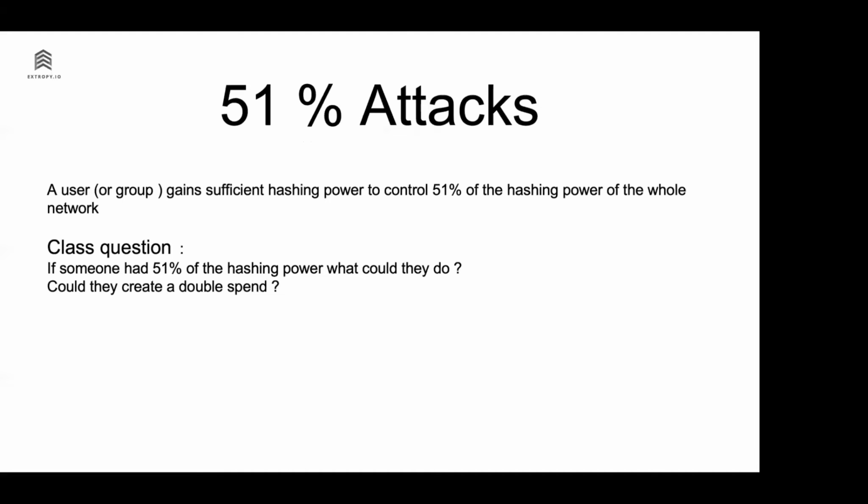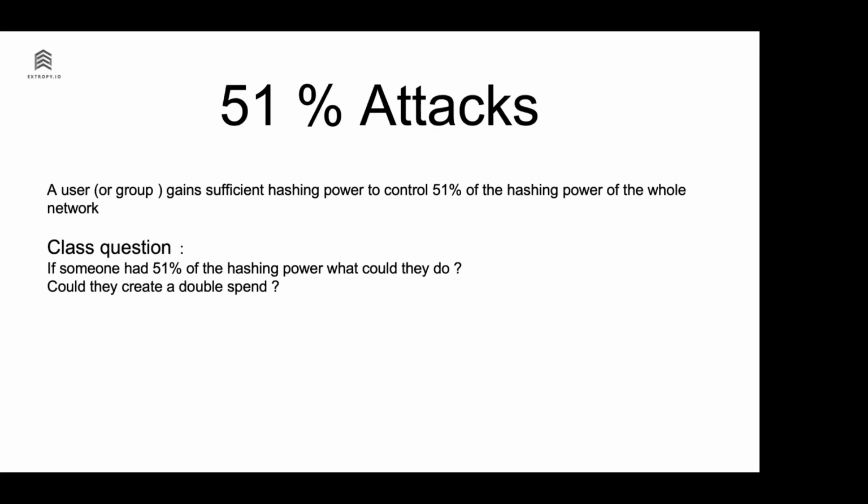Okay. Now, if we talk about security, we can look at the types of attacks that can be made upon networks. And the one that you may have heard of that applies to networks such as Bitcoin and Ethereum is the 51% attack.